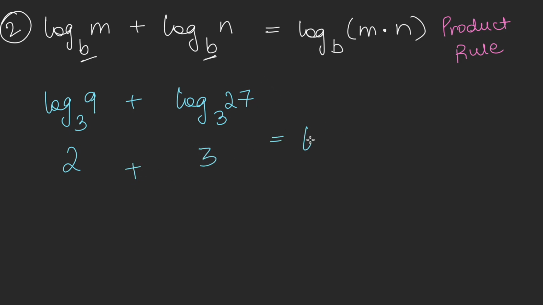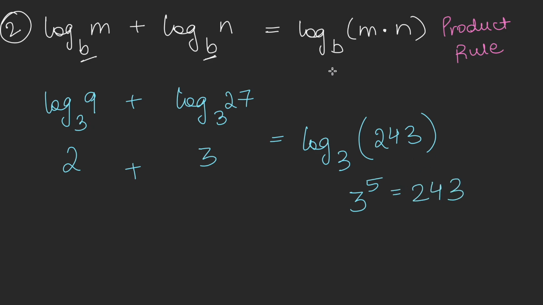That is equal to log base 3 of m into n, so 9 into 27, which is 243. I know that 3 to the power 5 is equal to 243. So the value of log base 3 of 243 is equal to what? 5. So this rule is correct.